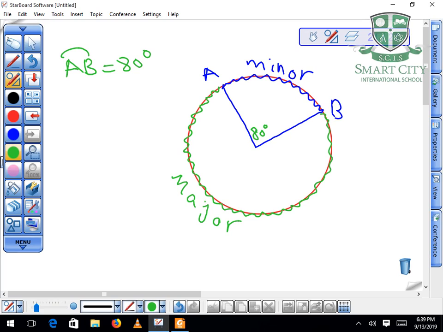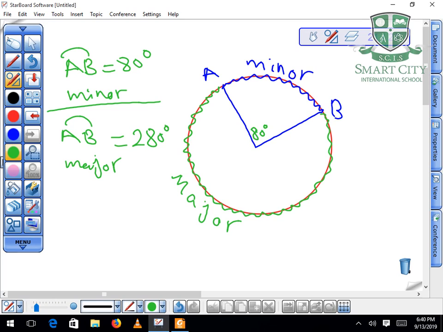And the reflex one, AB reflex, this one is major. Its measure equals 360 minus 80, which is 280 degrees.